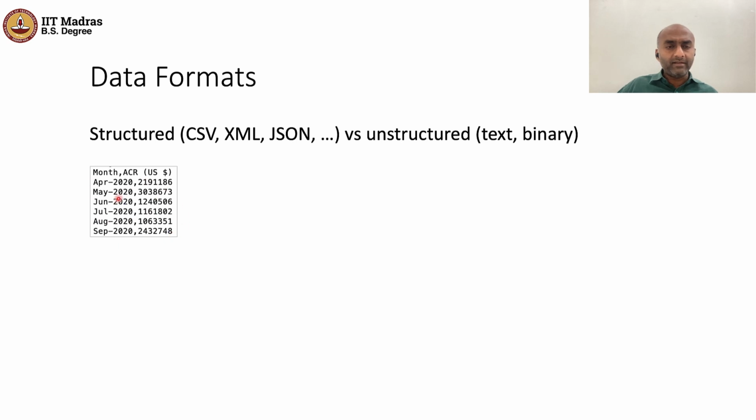So that's basically the kind of inference that we can draw by looking at a CSV file like this. So two columns separated by comma, and each row of data corresponds to a separate data record, which means individual data records are separated by a new line character, right? That's why it's wrapping around to the new line.